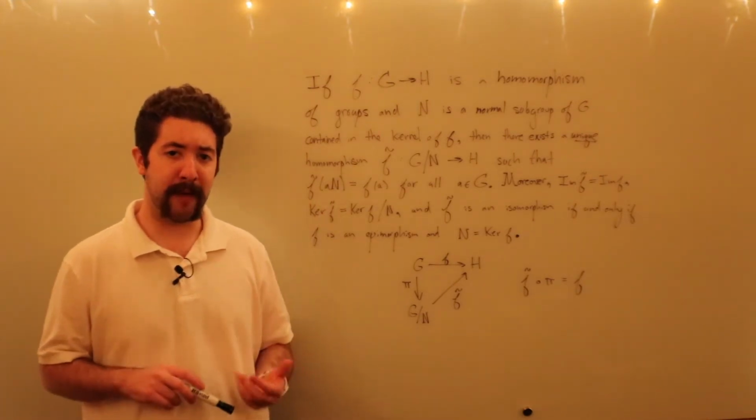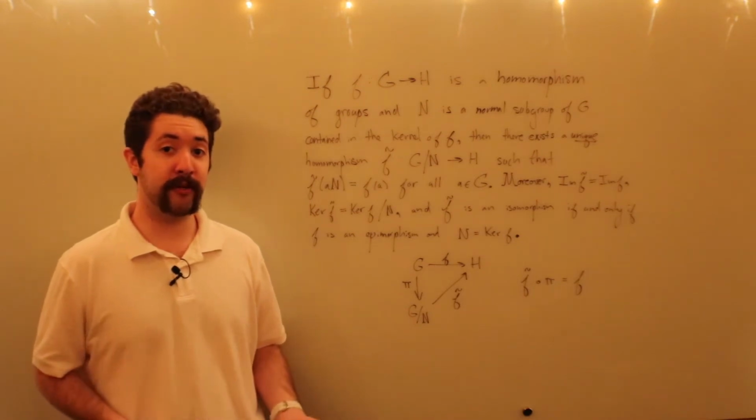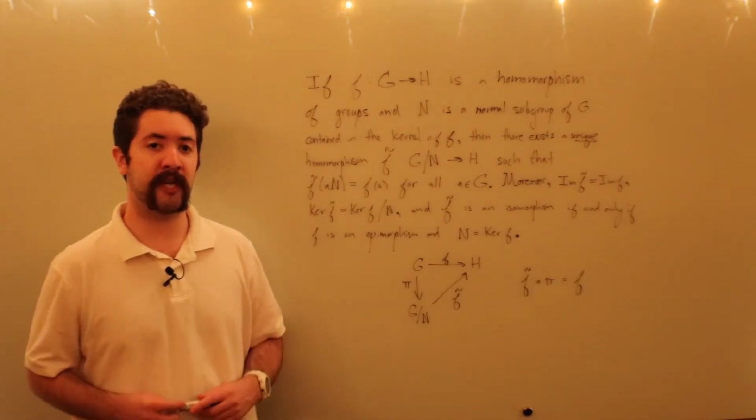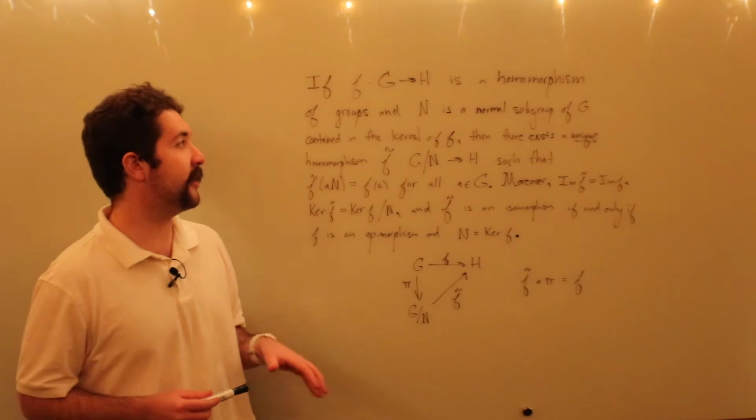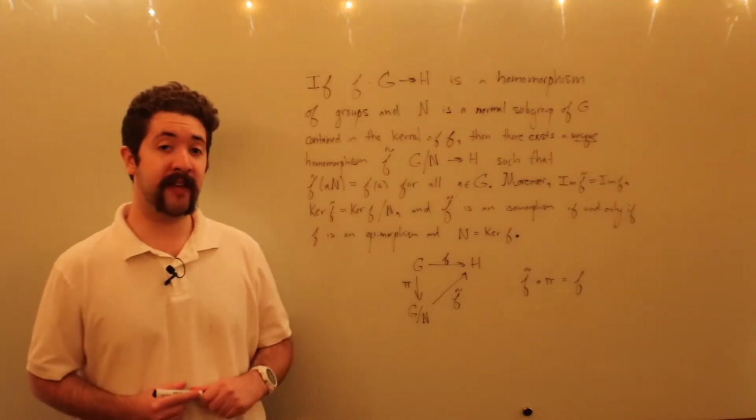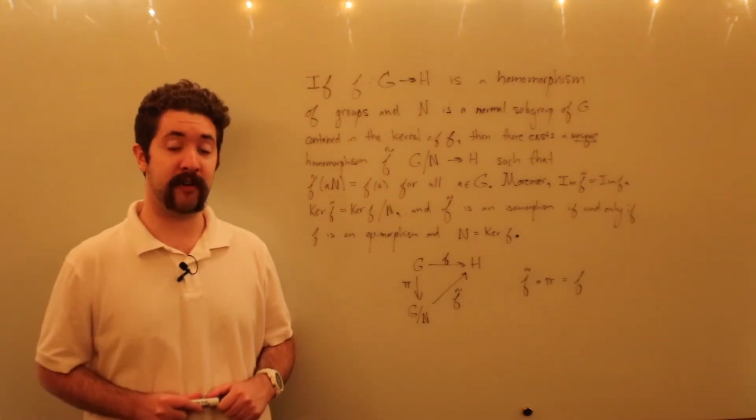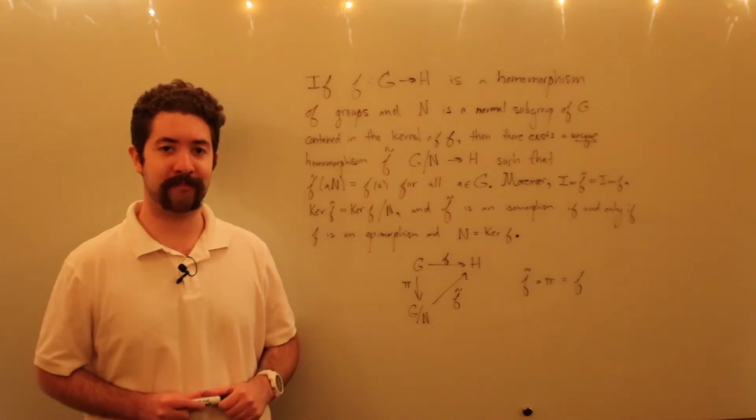It doesn't have a name, but all its corollaries do, and today is devoted solely to the corollaries which follow immediately from this theorem, and they are called the isomorphism theorems, or the group isomorphism theorems.